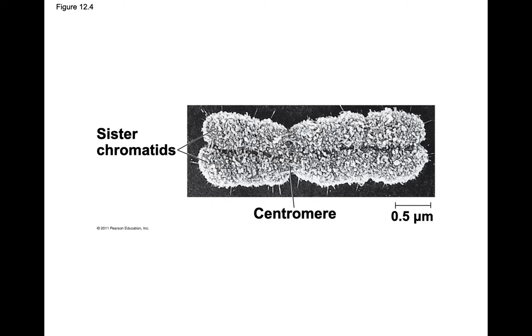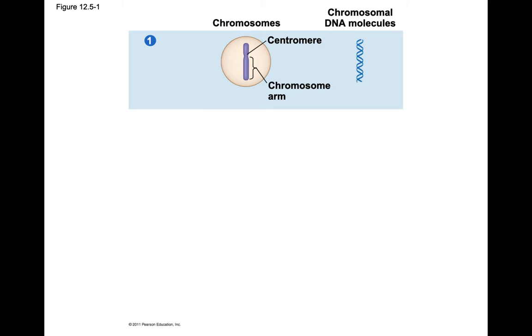And the thing that you need to know about a chromosome is that when the chromosomes are duplicated, we have sister chromatids. So this is two copies of the same chromosome that are attached at the centromere.